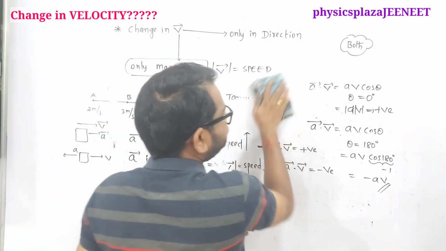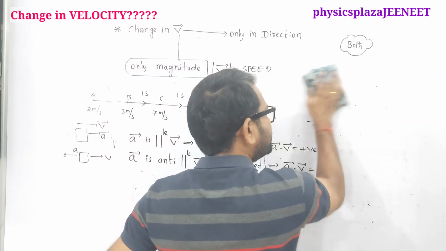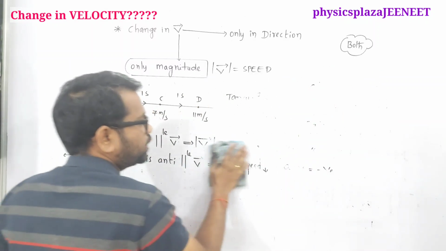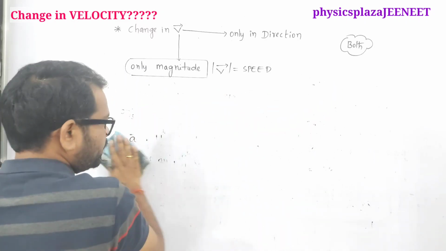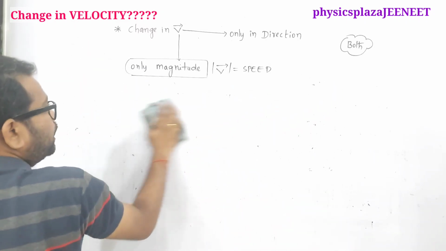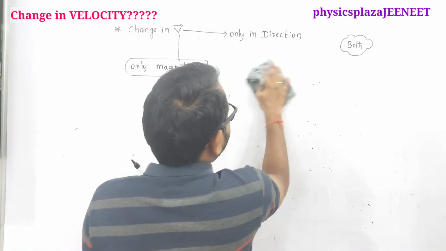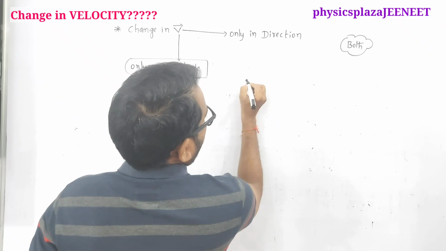Yes. Now we take the case where acceleration is perpendicular to the direction of velocity. In the previous case, acceleration and velocity were either parallel or anti-parallel. Now look here.